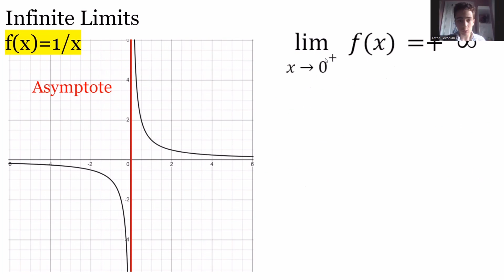Here we say that the right-hand limit as x approaches 0 of f of x is plus infinity. However, since there is no finite value of this limit, some people will just say that it's undefined there. But you could also say that it approaches positive infinity.